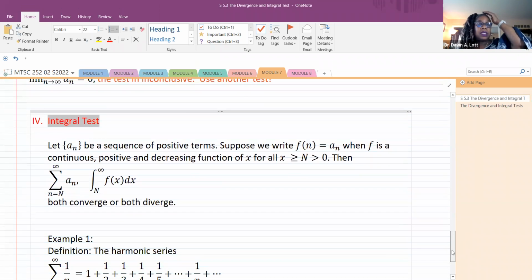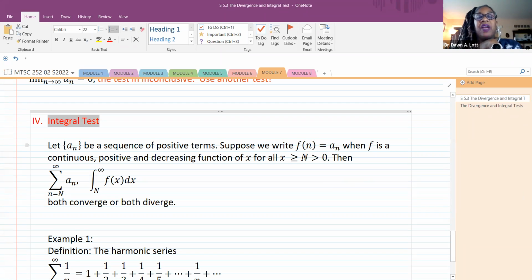But it basically says we have a sequence of positive terms. We want to be able to use the a_n to create a function f. And when f is a continuous, positive and decreasing function, then the series and the integral both converge or both diverge, but they can't be doing opposite things.